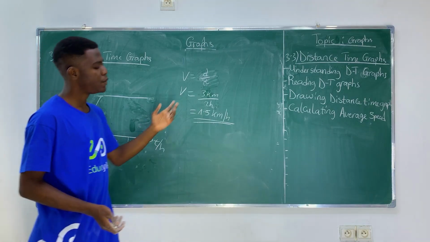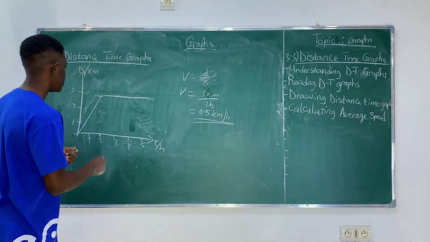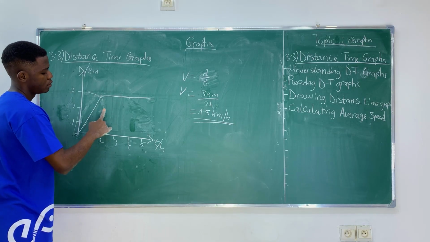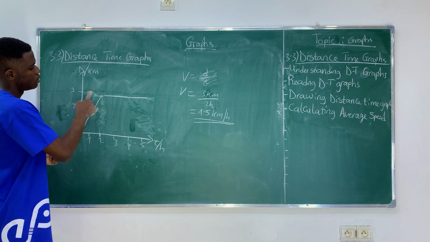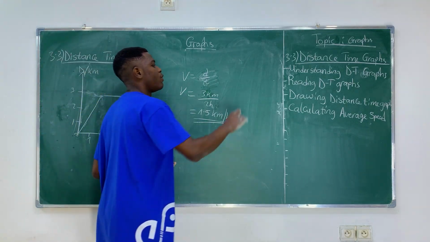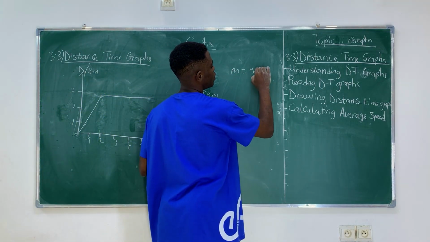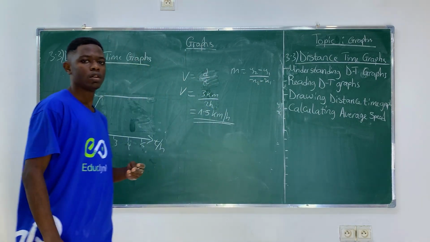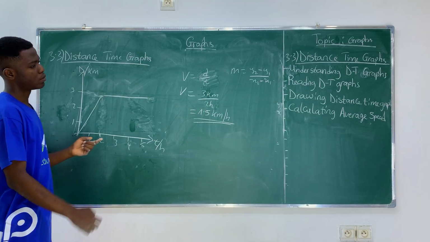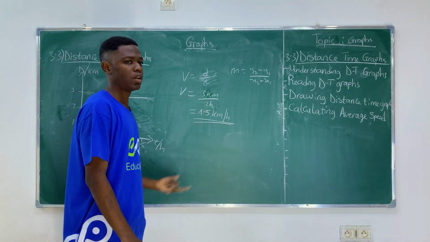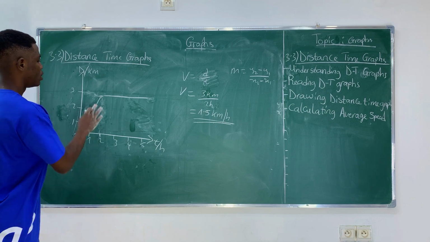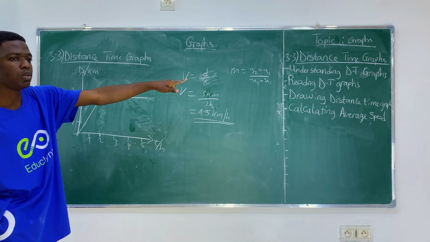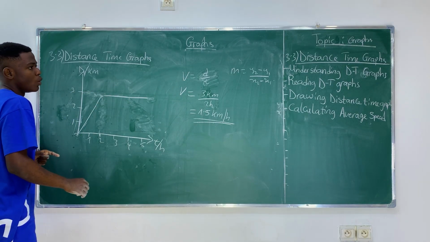This speed is also the slope of the curve. To calculate the slope, m is equal to y2 minus y1 all over x2 minus x1. You can also do it that way. Using that formula for slope, y2 minus y1.